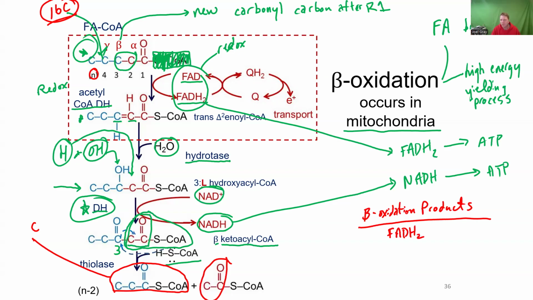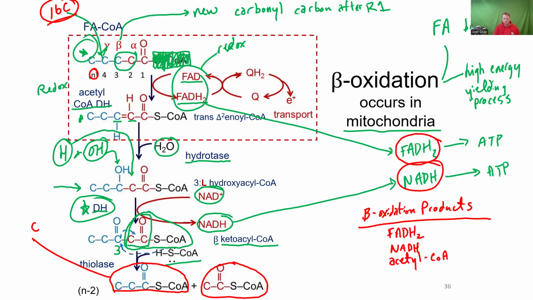I said that later on we could use that for ATP, but in terms of just the round of beta oxidation, we got FADH2 and NADH. And this thing right here. What is that? That is known as acetyl CoA. Two carbons, one of them being a carbonyl carbon and the other being a methyl group.